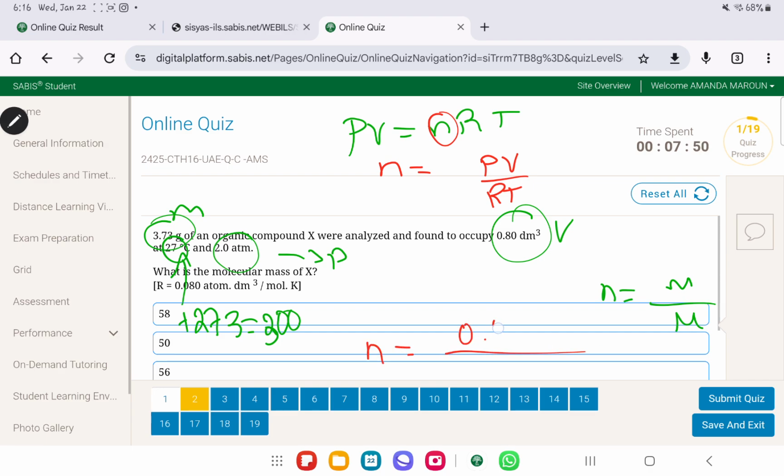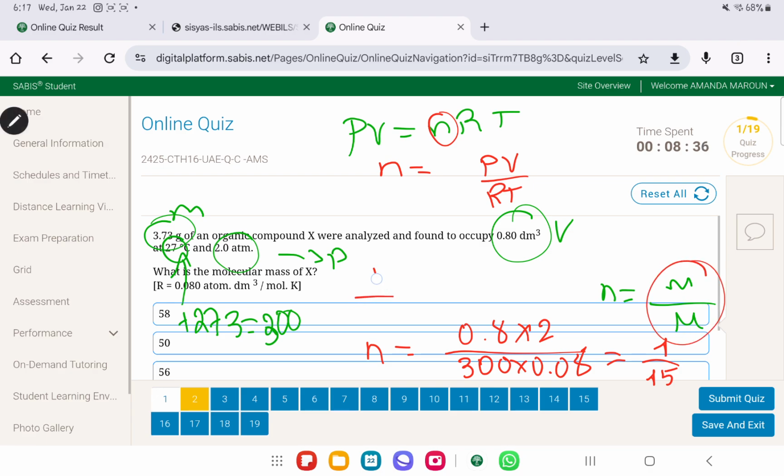PV is 0.8 times 2 over RT, which is 300 times 0.08. So if you do it on your calculator, you will get an answer of, I will write it as a fraction, 1 over 15. Okay, so now the number of moles is 1 over 15.